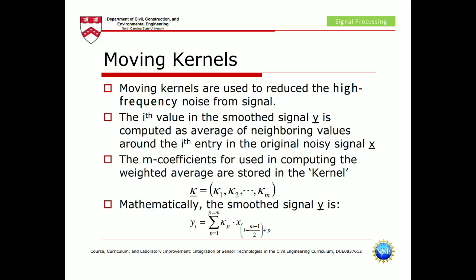The m coefficients used in computing the weighted average are stored in the kernel k, equal to k1, k2, up to km.